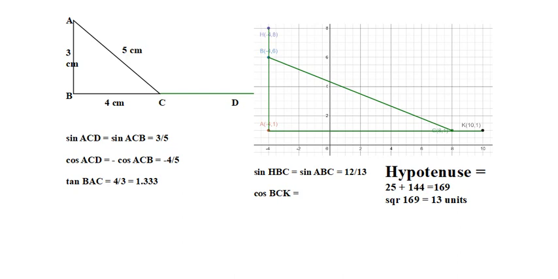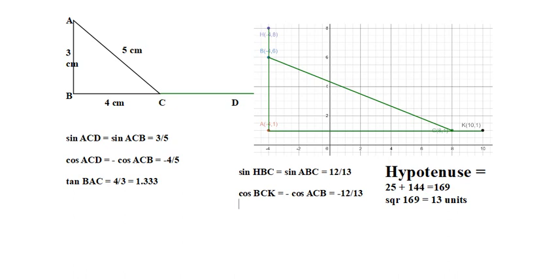But remember, cos of an obtuse angle will be negative. So therefore, we are going to put that here equals cosine ACB. Cosine ACB is adjacent over the hypotenuse, with the negative: negative 12 over 13.